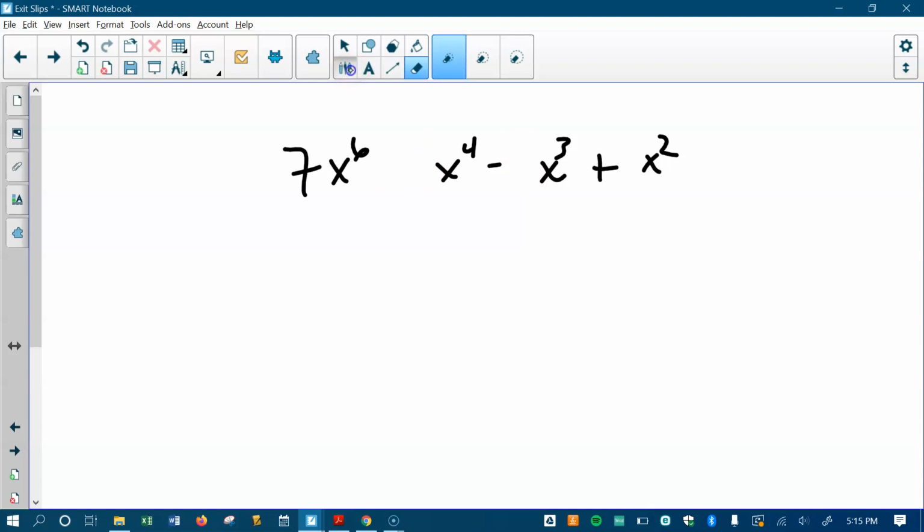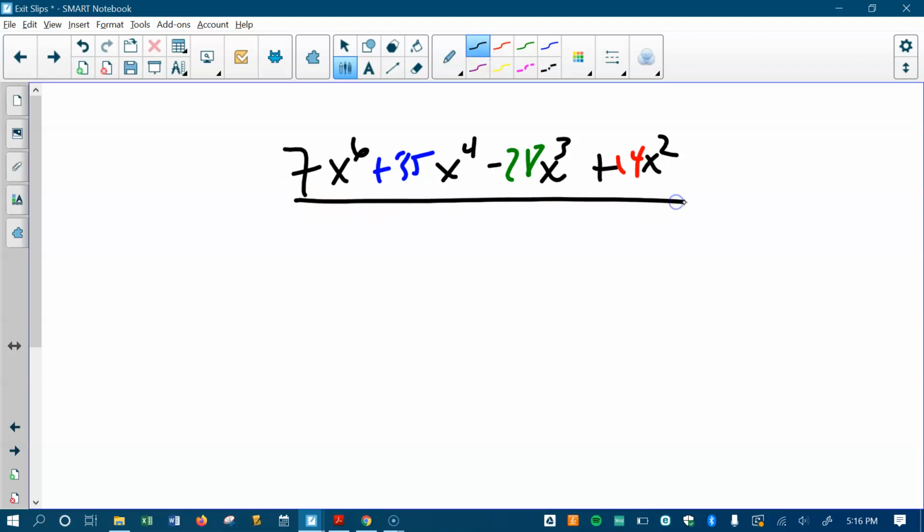Okay. Let's change that to a positive 35x to the 4th minus 28x squared. And let's just do plus 14x squared. And now let's say that we are dividing all of this by 7x squared.